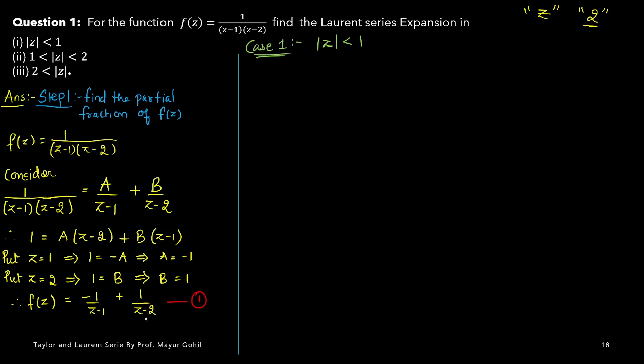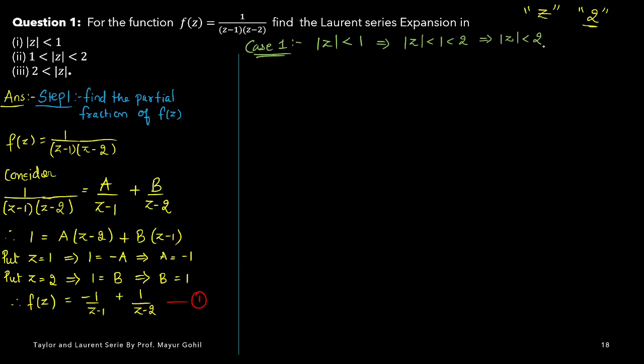Those are the points 1 and 2. So consider those points. Since mod z is less than 1, it is less than 2. So mod z is less than 2.